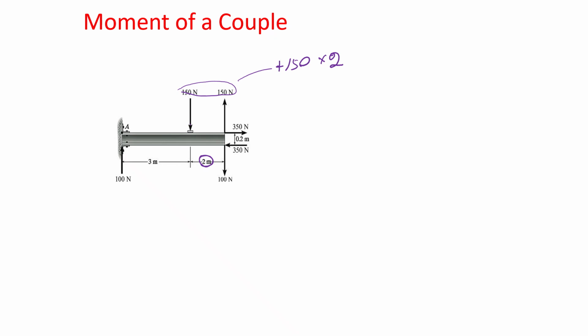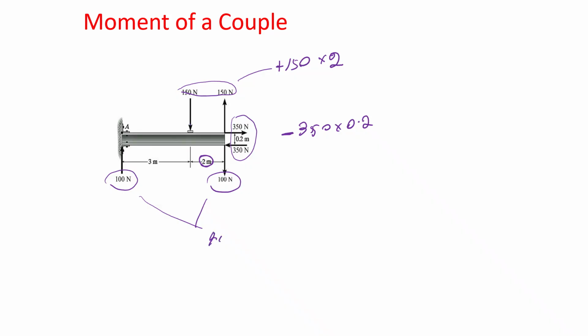How about these two? They are also couple moments. Why? Same magnitude, opposite directions, and they are separated by 0.2. So that will be 350 times 0.2, and it is going in which direction again? Clockwise, so it is a negative moment. How about this 200 and 100 again? Couple moment, because they are same magnitude, opposite directions, separated by 5 meters.